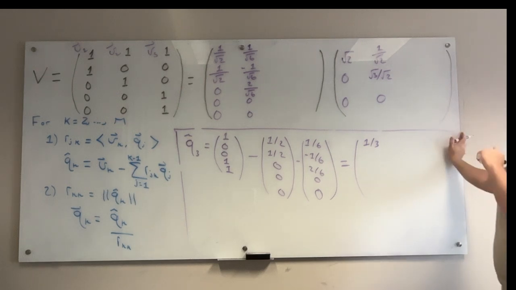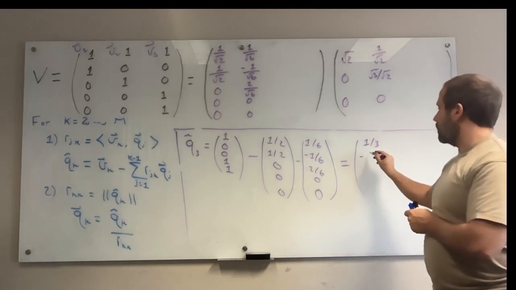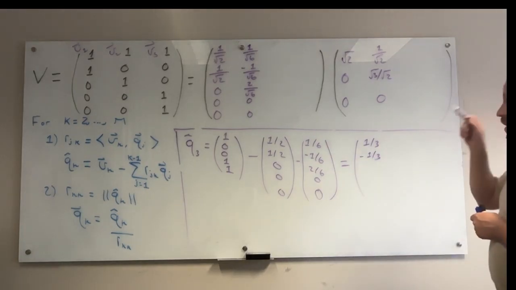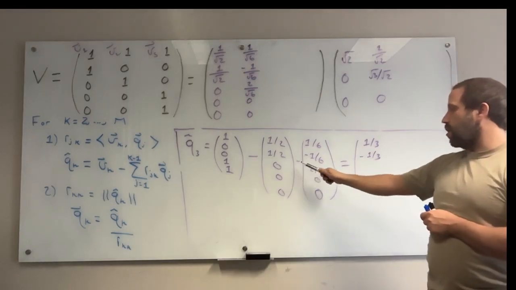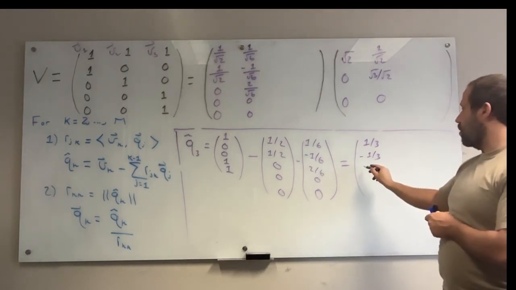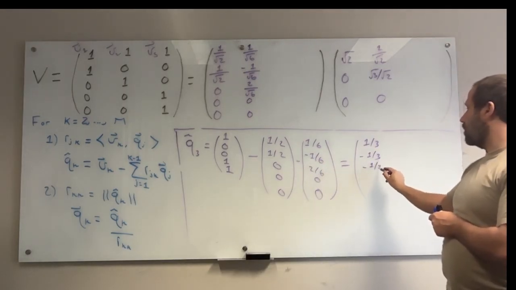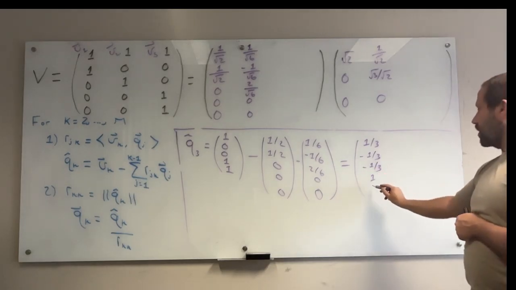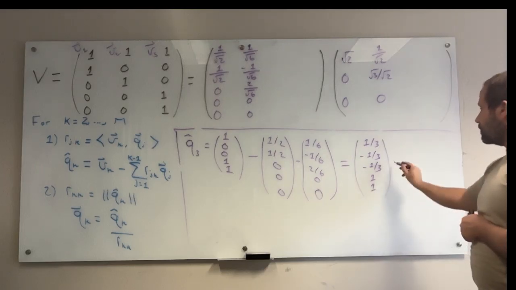So 1/2 minus 1/6 is 1/3, but it's negative of that, so it's going to be minus 1/3. And then for the third entry, it's going to be 0 minus 2/6, so minus 1/3. And then 1 minus 0 minus 0, so we're going to have 1 here and 1 here.